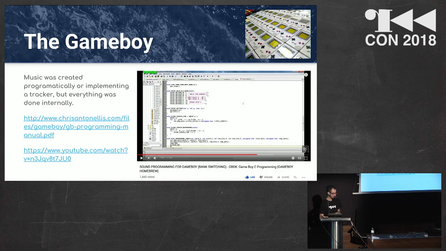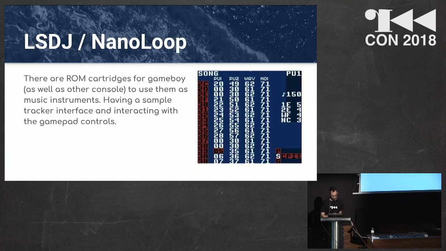Also, the music in Game Boy was created in the same way. A modified Z80 CPU was reading and writing specific addresses in memory to modify the behavior of that secondary coprocessor to play music.